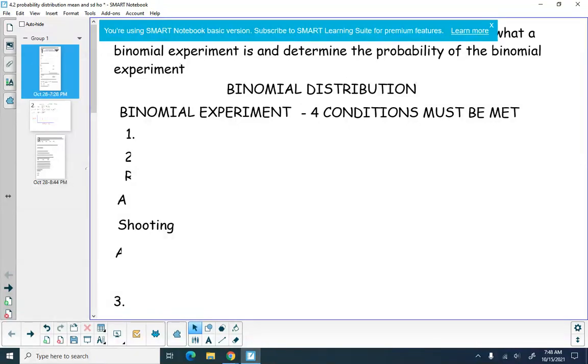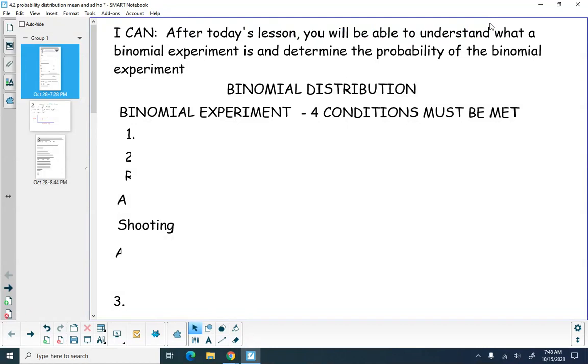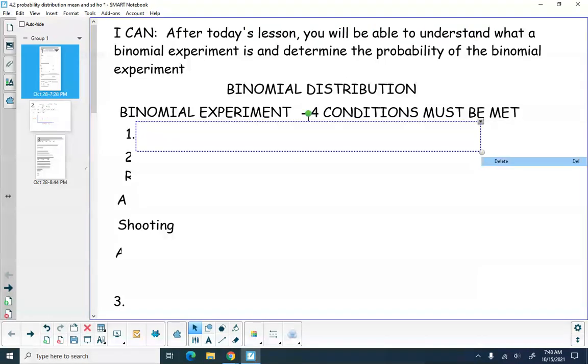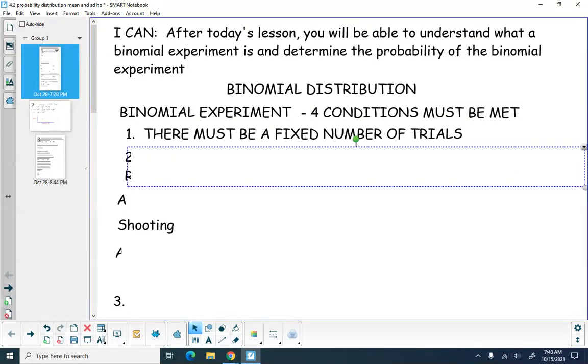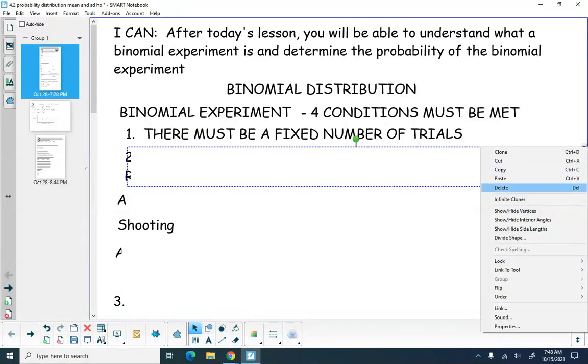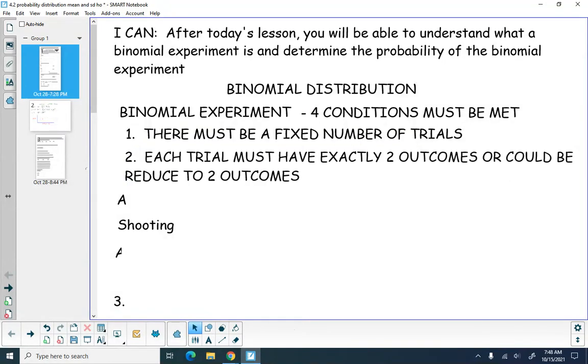When you're talking about a binomial distribution, we have 4 conditions that need to be met. The first 2: there must be a fixed number of trials. Whatever the trials are, you must have a fixed number of trials.